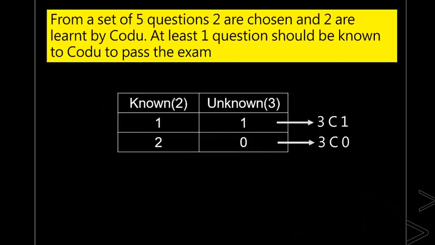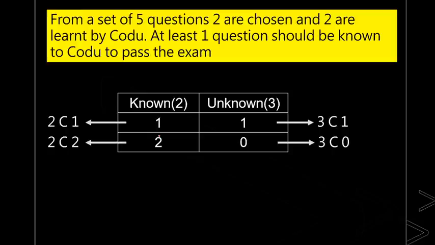Next one, from 2 known questions, they are asking only one question. So it will be 2C1. And from 2 known questions, they are asking both known questions. So this will be 2C2. Is it clear? Okay. So from 3 unknown, I can ask one unknown or no unknowns. From 2 known, I can ask both the questions or only one question. It is dependent.